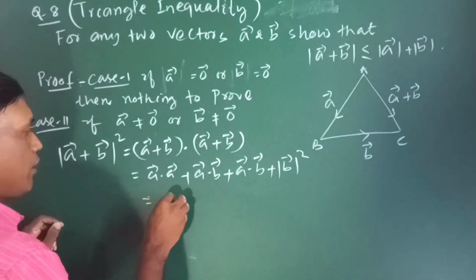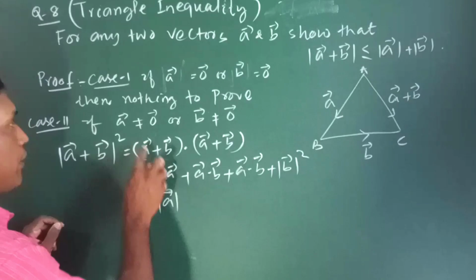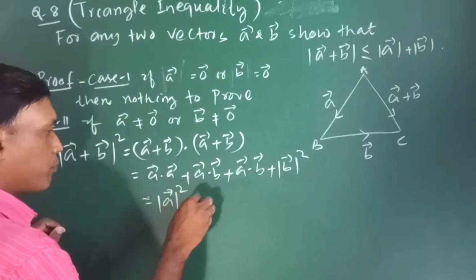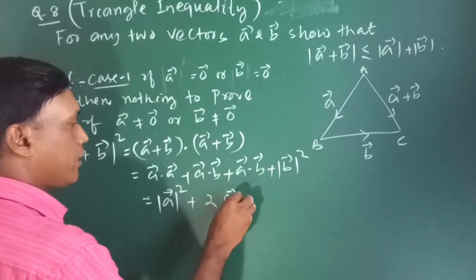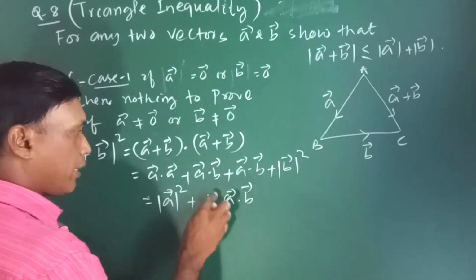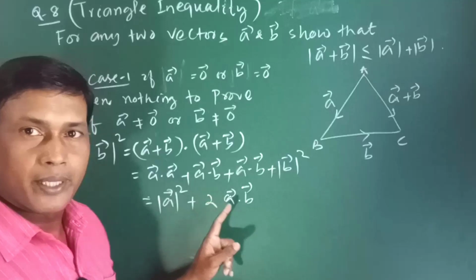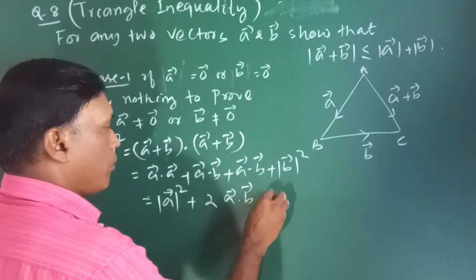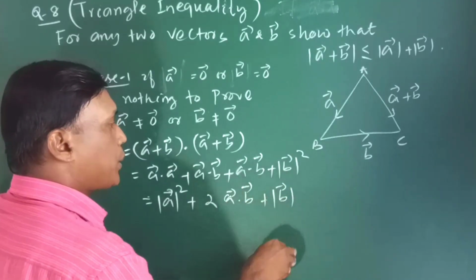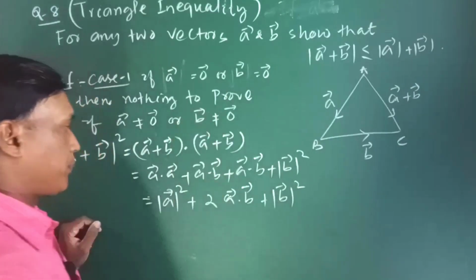This is a dot a, meaning the square of the magnitude of a, plus 2 into a dot b, plus the square of the magnitude of b.